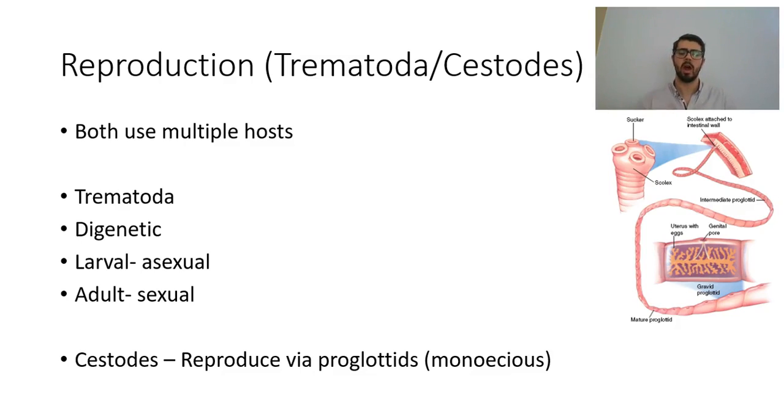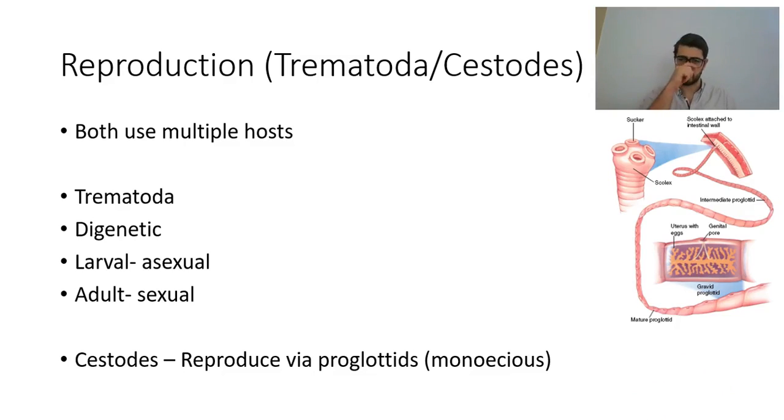the genetic composition. Cestodes are different because they're monoecious, which means that they have both the male and female sexual parts within a single organism. Mono means that one organism can reproduce. It's not dioecious, which needs a mother and a father. They reproduce via the production of proglottids, which are these sections that we can see at the bottom here.